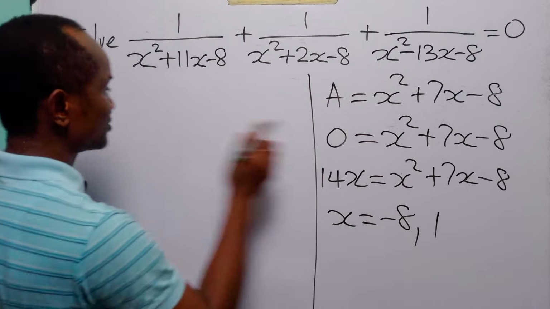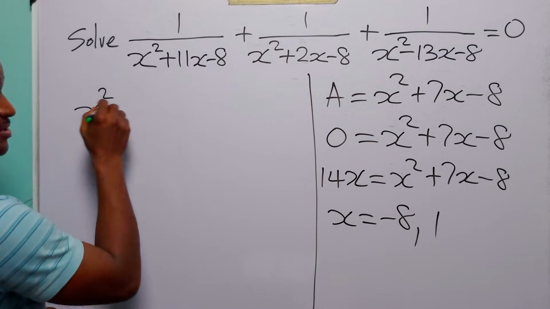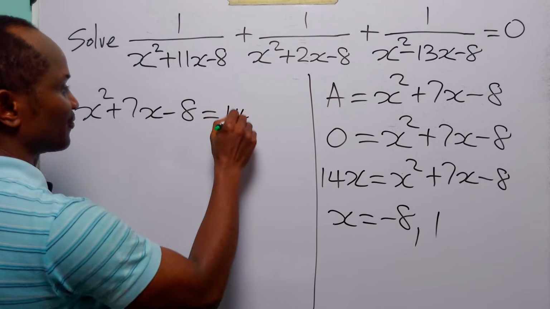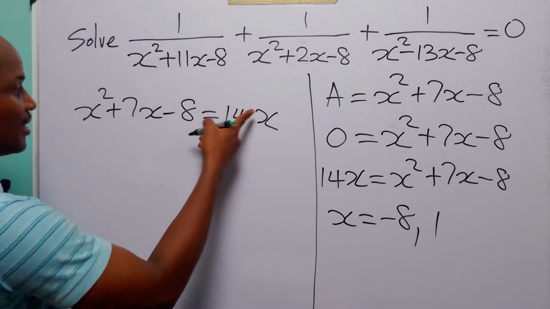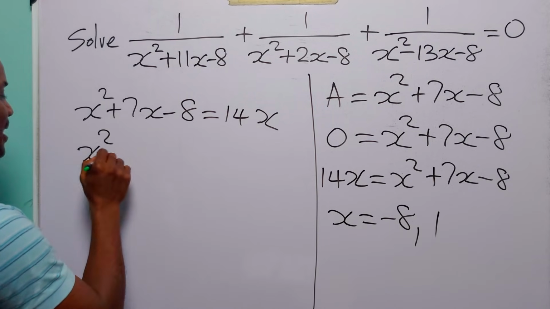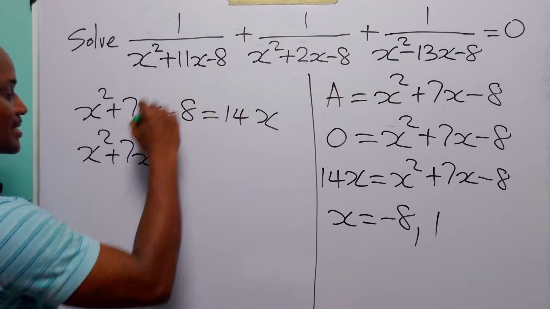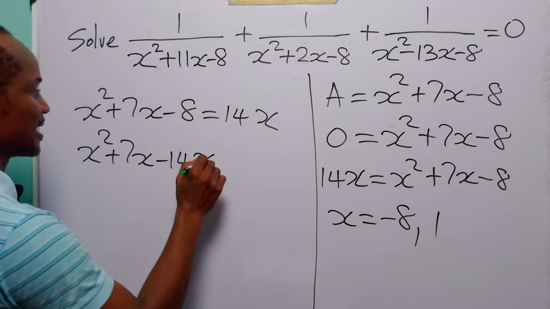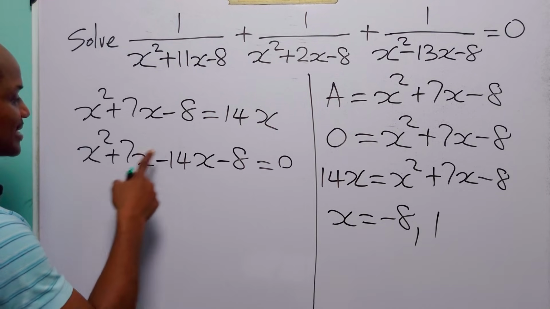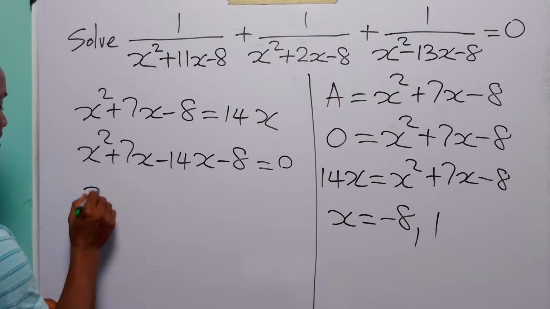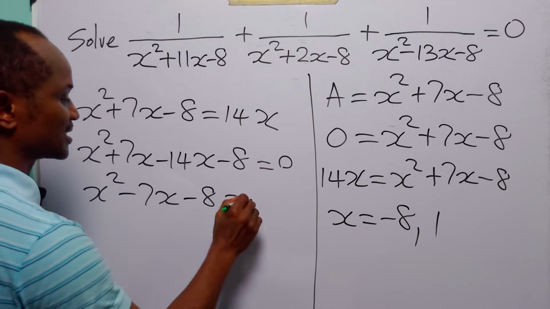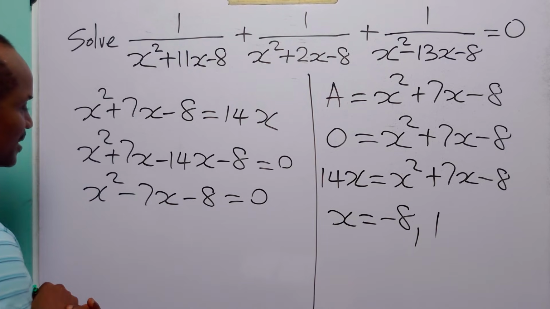And from the second equation, we have x squared plus 7x minus 8 is equal to 14x. Bringing this term over to the left-hand side, we have x squared plus 7x minus 14x minus 8 is equal to 0. 7x minus 14x is equal to minus 7x, so we have minus 7x minus 8, and this is equal to 0.